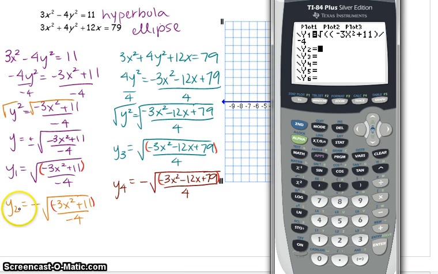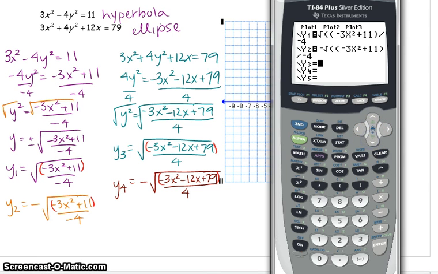We go down to y2, so that's a negative square root of, don't forget your parenthesis, negative 3x squared plus 11, divided by negative 4.